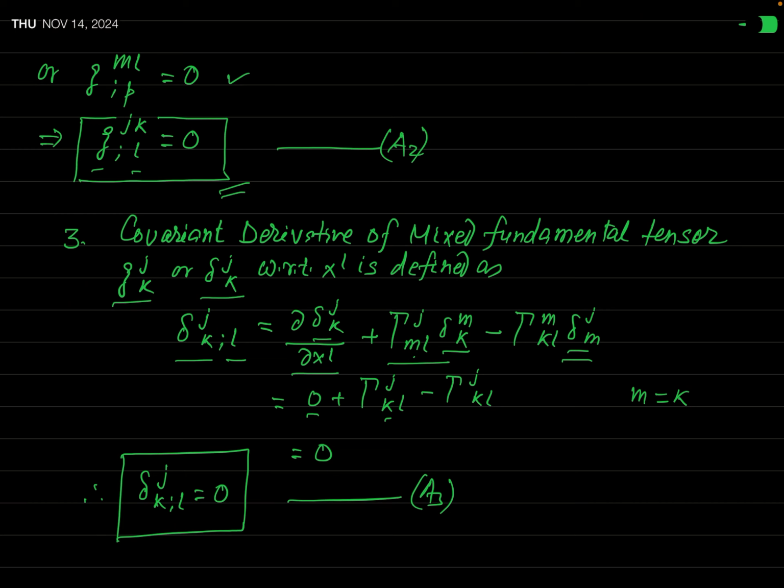So instead of this m, we will write j. So this is gamma jkl. Now you can see these two will cancel out and finally our result is 0. So you can see that the covariant derivative of the fundamental tensor delta jk with respect to x^l, which is denoted by this symbol delta jk semicolon l, is equal to 0.